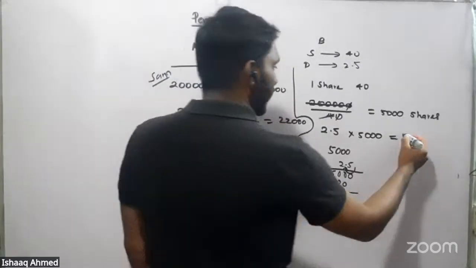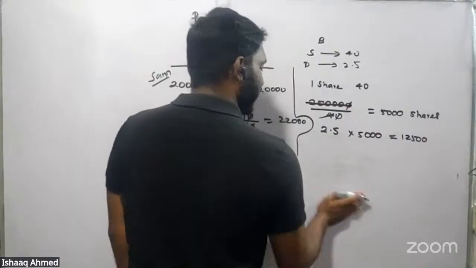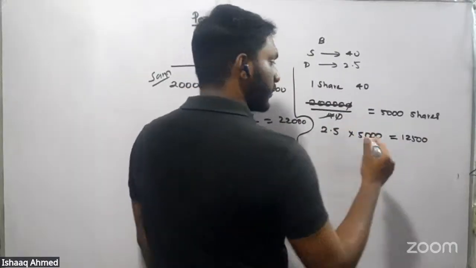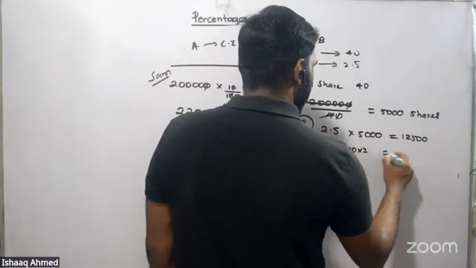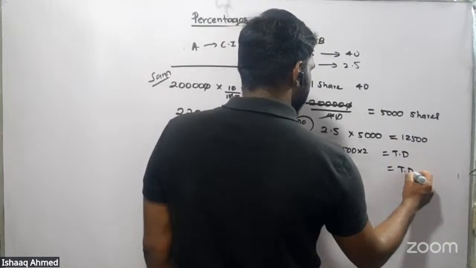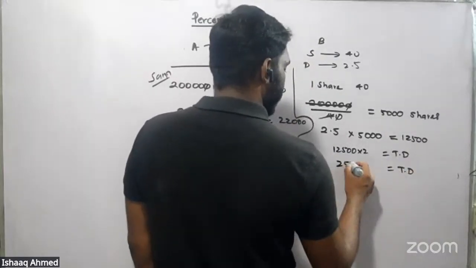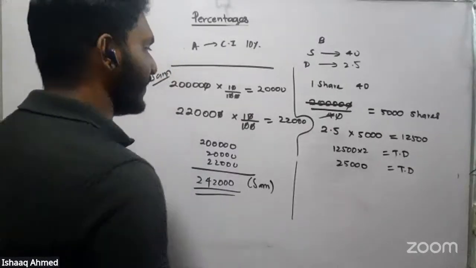So he gets 12,500 for 1 year. But he's getting dividends for 2 years, so 12,500 times 2. So the total dividends are 25,000.